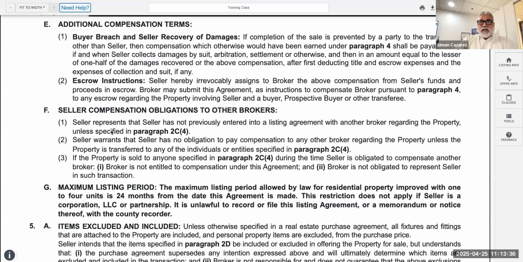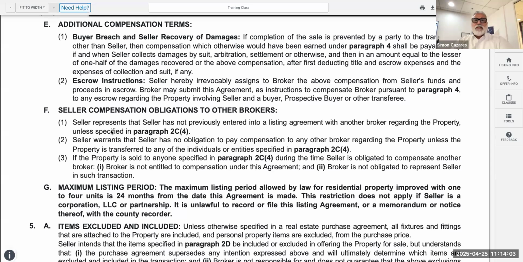Seller warrants that the seller has no obligation to pay compensation to any other broker regarding the property unless the property is transferred to any of the individuals or entities specified in paragraph 2C4. If the property is sold to anyone specified on that 2C4 during the time seller is obligated to compensate another broker, broker is not entitled to compensation under this agreement if, two, broker is not obligated to represent the seller in such a transaction.